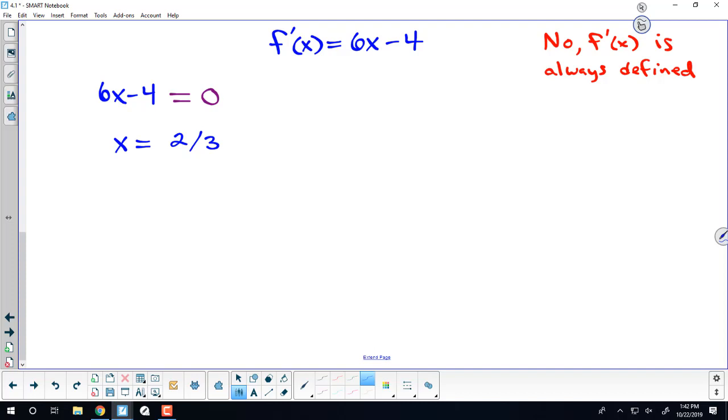So we have our first derivative is 0 at 2/3. Our first derivative is never undefined. So our critical point for that quadratic is just at x equals 2/3.